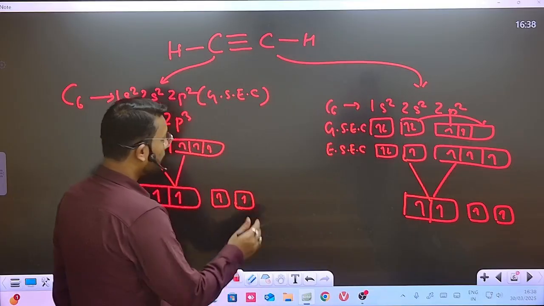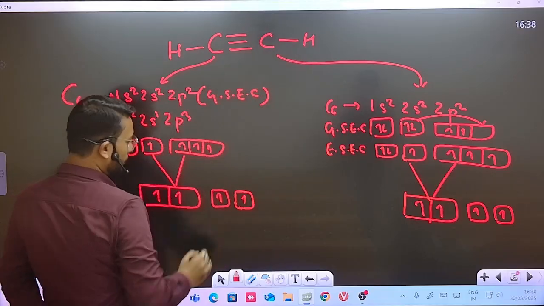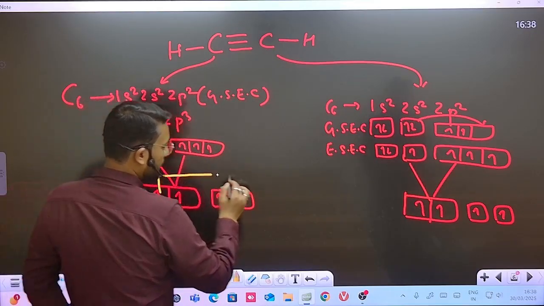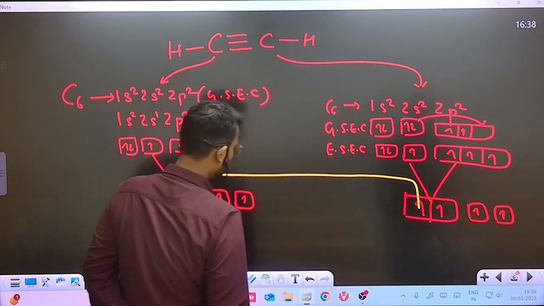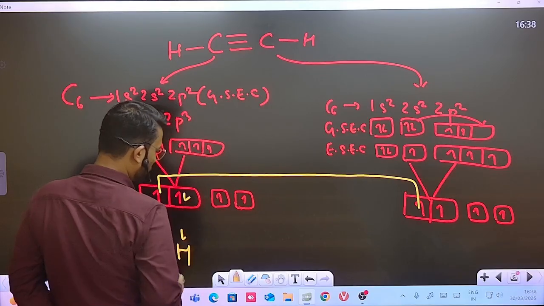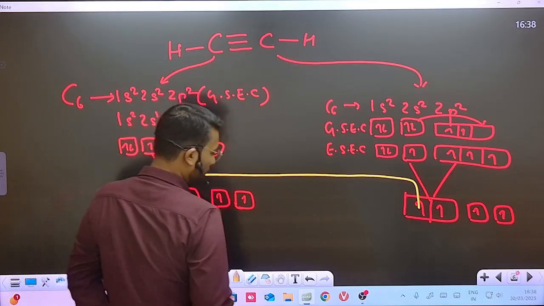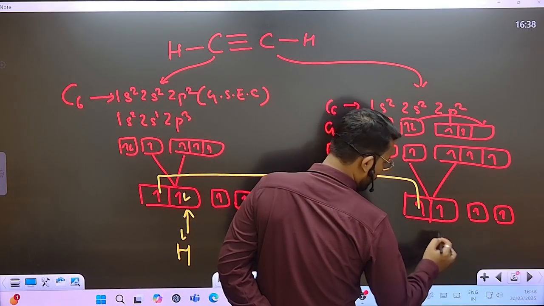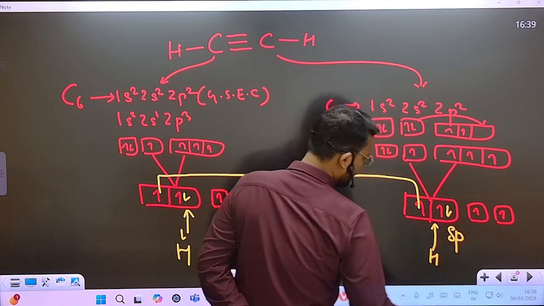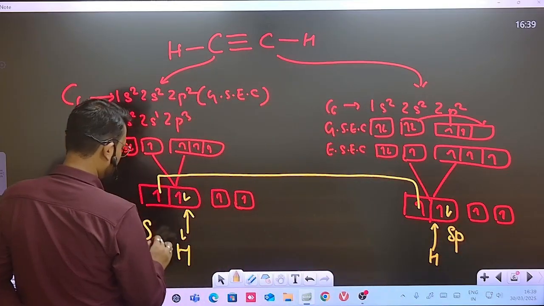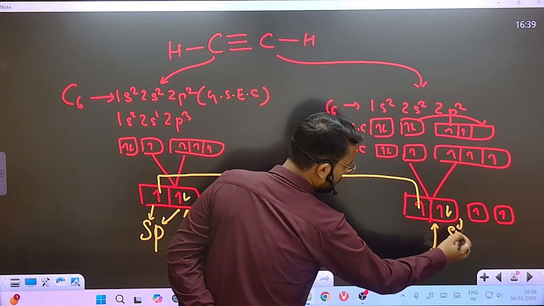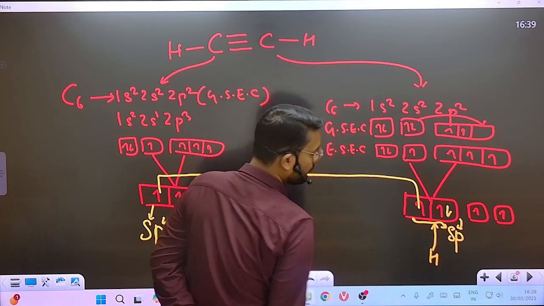So this electron will pair with this electron, and this one electron will pair with one hydrogen, and this one electron will pair with one hydrogen. Hybridization of this is sp. This is sp. Both orbitals are sp hybridized. I hope I am clear.